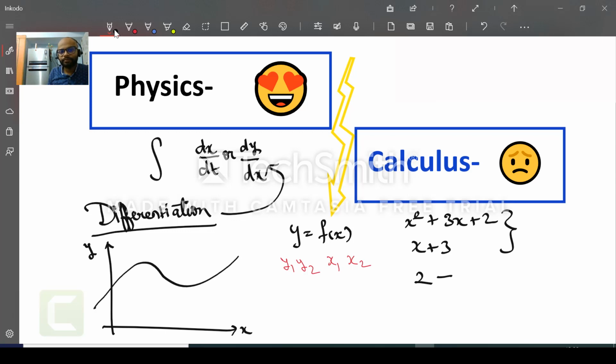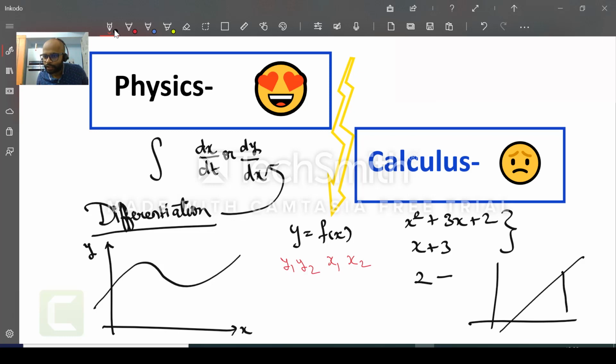So for example, let's say I just draw this rough graph. Now this is not a graph you are familiar with. I'm just drawing a rough graph for the sake of reference. Now what differentiation does is it tries to tell you the slope of this graph at any point. What does this mean? If you had a graph like this and someone asked you what is the slope, I know what you'll do.